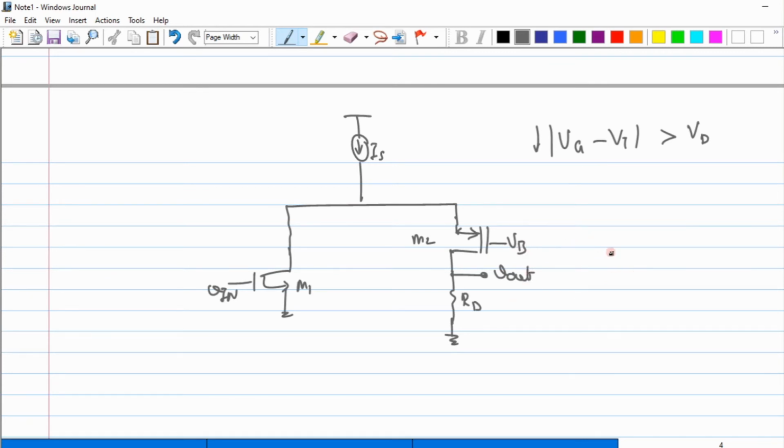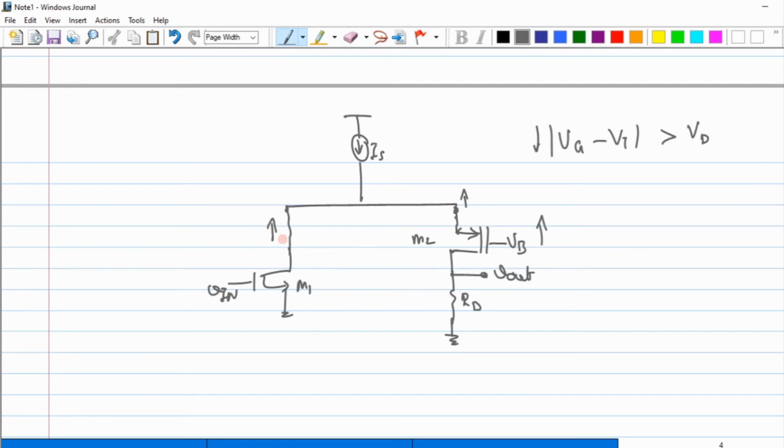Now let us see whether I can push this VB potential higher. When I try to push it higher, what is happening is that it's a source follower, due to which this potential is also rising. It's a source follower for my M2 transistor. So whatever the gate voltage that I have, the same voltage is being followed by the source. Due to which the drain is also being pushed up.